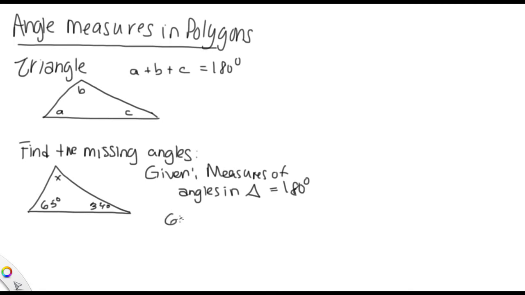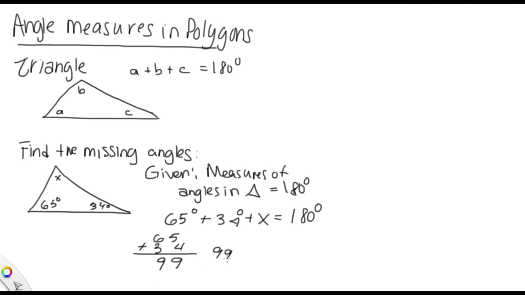That means that 65 degrees, plus 34 degrees, plus angle x equals 180 degrees. Okay, so we can add 65 and 34, and we get 99.